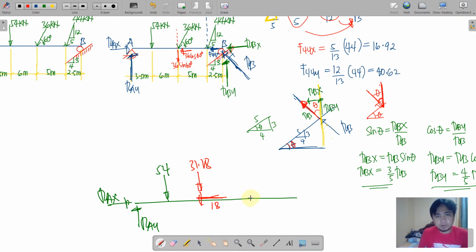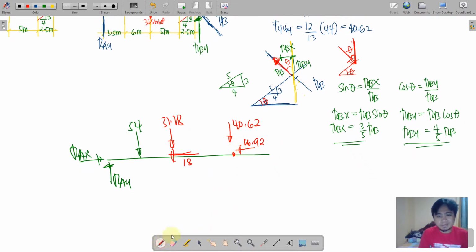Okay, for the 44, we have here the components. We have the horizontal F44X, and this is F44Y. We have computed that one: 16.92, and this is 40.62. Okay, so we are going to indicate now our RBX.